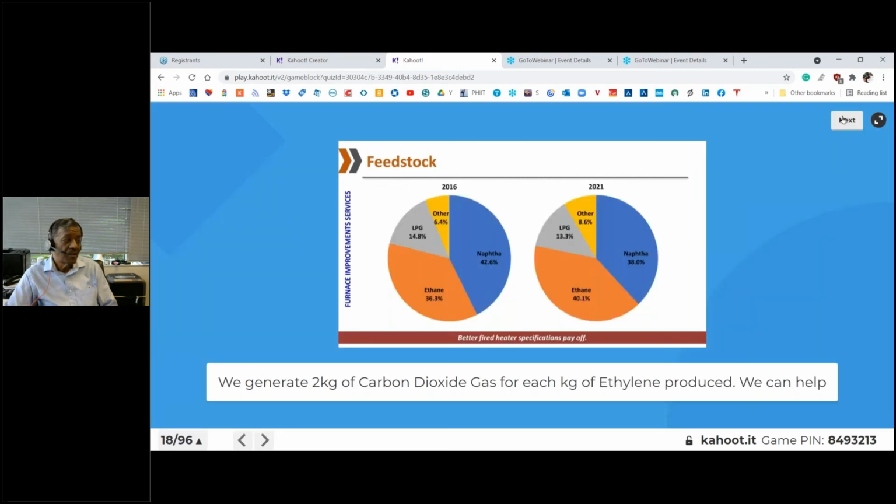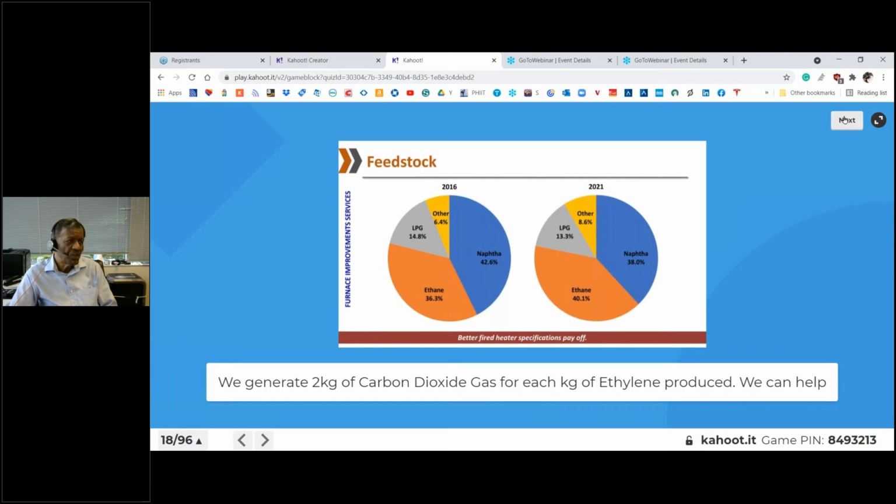So this is an analysis of 2016 and 2021. World is using about 50-50 naphtha and ethane. The trend is more towards ethane in US and more towards naphtha in Asia and Europe.